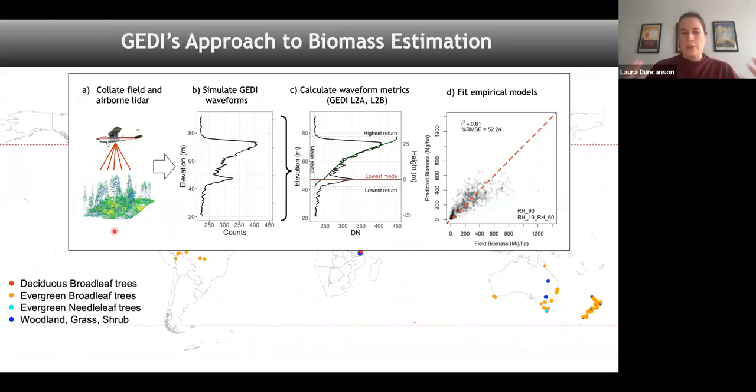But we were not going to be able to run all over the world in the relatively short mission span of GEDI and collect field plots everywhere under actual GEDI waveforms. So, finding where the location of a waveform was collected, going out and collecting a small field plot. We knew that we would not be able to do that logistically in the GEDI mission. And that was before we knew that during 2020, we would essentially be doing no field work at all. So thankfully, that was not our strategy.